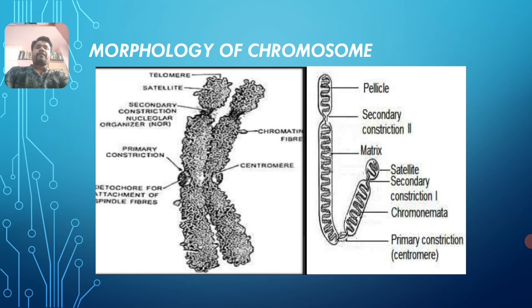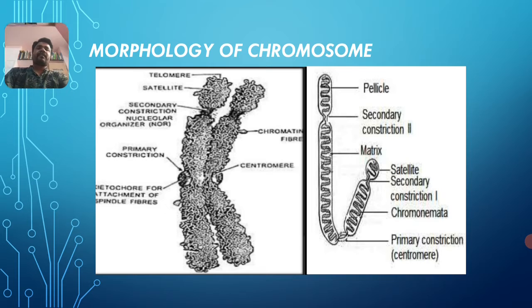The covering layer of the primary constriction, the layer formed by protein, is called the kinetochore. Chromosomes are either bivalent or tetravalent, and those chromatids are joined together at a point called the centromere.